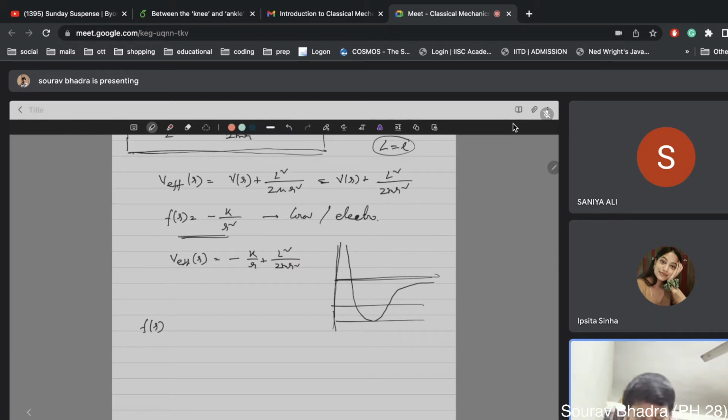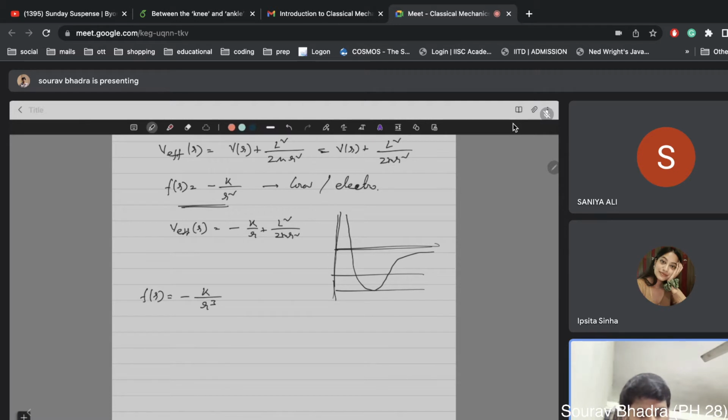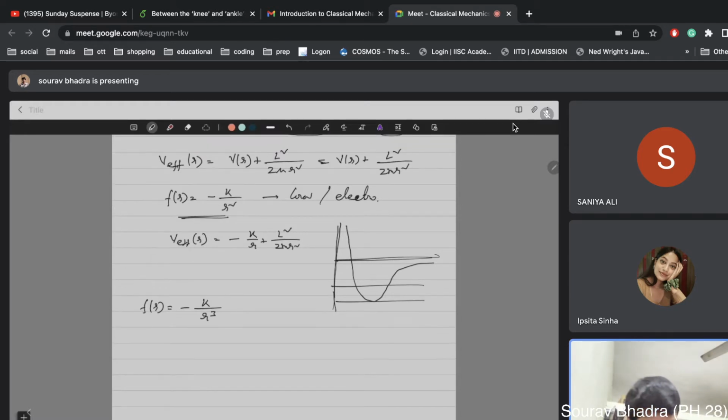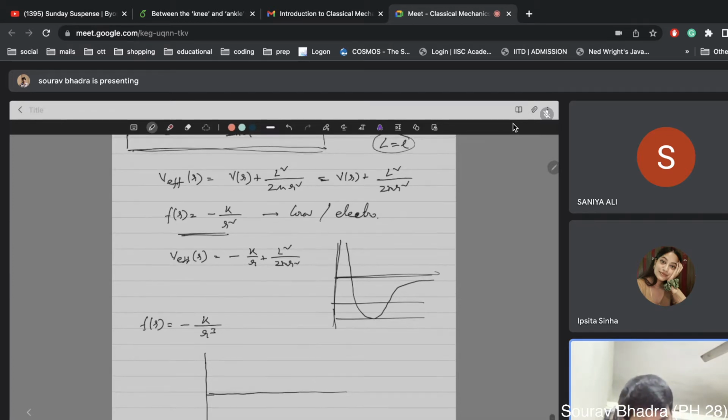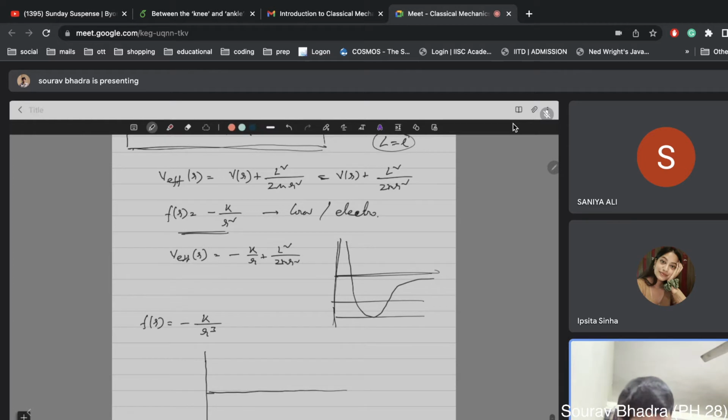Now suppose your Fr is equal to minus k by r cube instead of minus k by r square, then what will happen to this particular picture? So if your Fr is minus k by r cube, then you can plot, okay, let it be Vr, not the Fr.